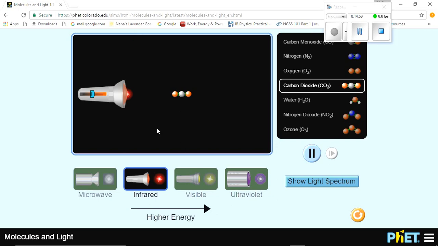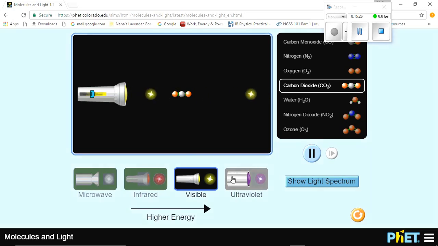If I change the type of photons being emitted by this source to visible, watch what happens. The visible light photons actually just continue passing right through the carbon dioxide molecule. And that's because those visible light photons have a shorter wavelength than the infrared.